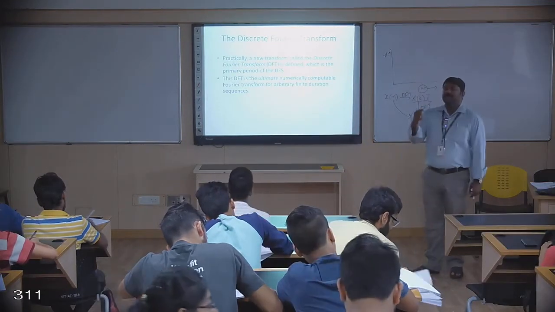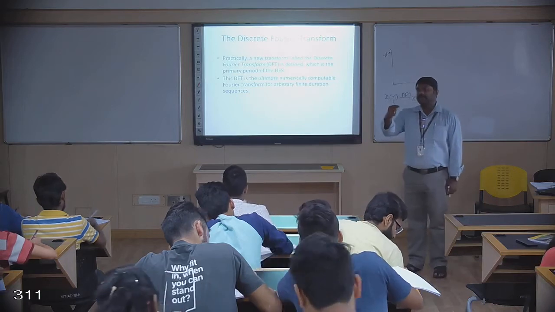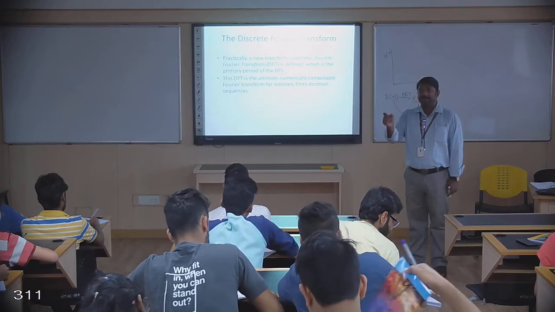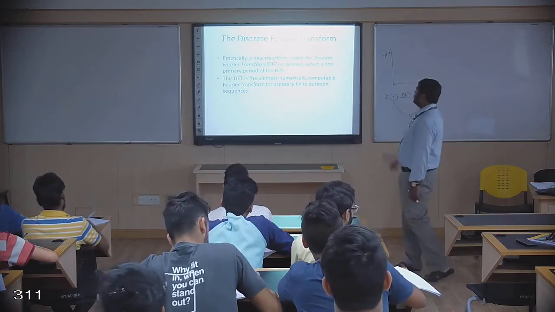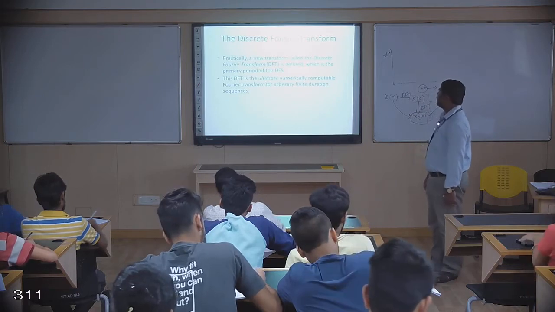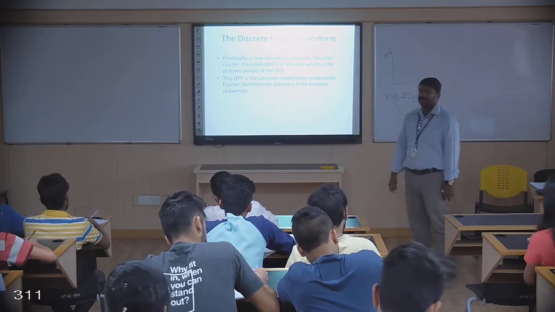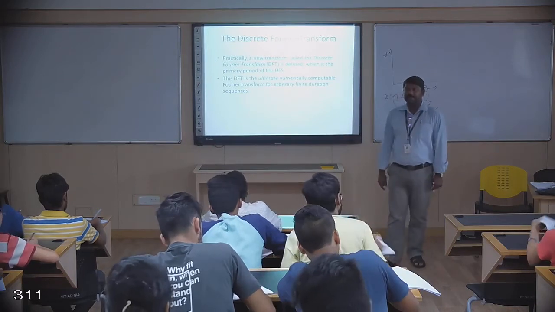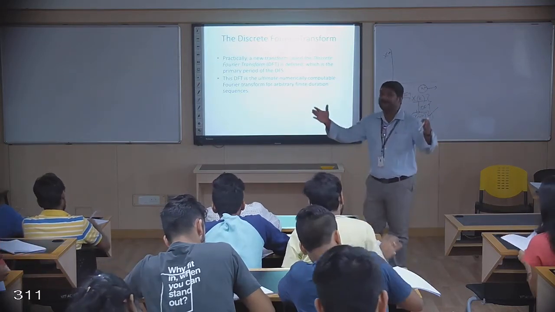In the discrete time Fourier transform, if you remember, I mentioned one condition. It should be absolutely summable. But the DFT is the ultimate numerically computable Fourier transform for arbitrary finite duration sequences. Please underline the words finite duration sequences, because you are not going to take an infinite series.